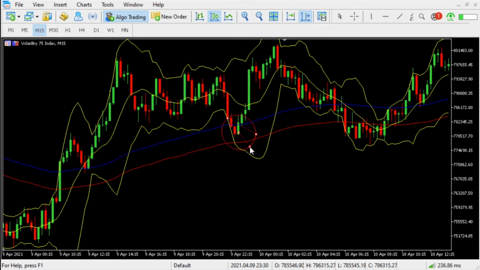Around that area I'll be looking for a buy, because it's above the red moving average, close to the Bollinger Band at the bottom.